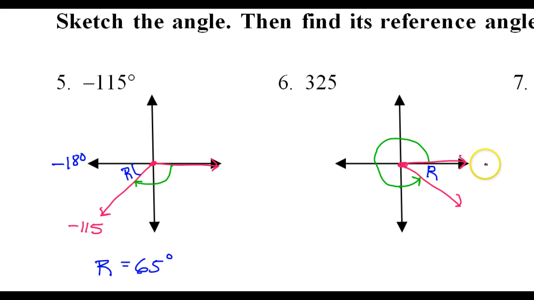Okay, what I have here is my 325 degrees. If I had kept going, I would have hit 360 degrees. So the reference angle is just the difference between these two. 360 minus 325.